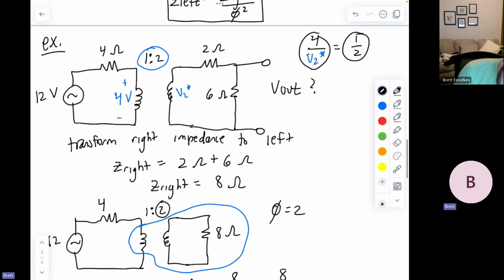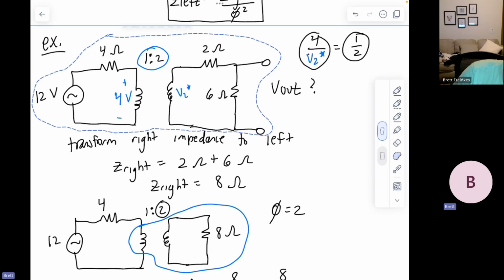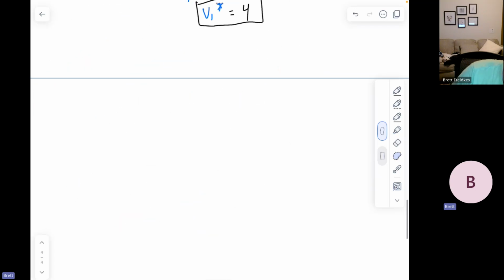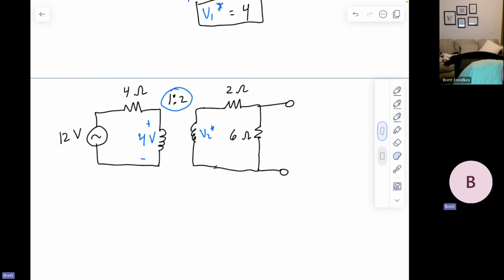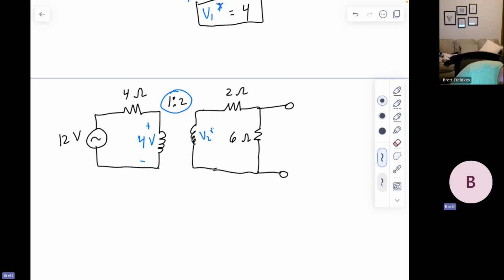So let me go ahead and copy this down. So that means that now this V2 star is 8 volts.